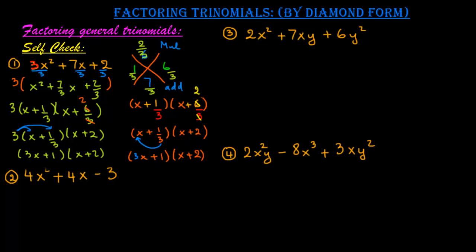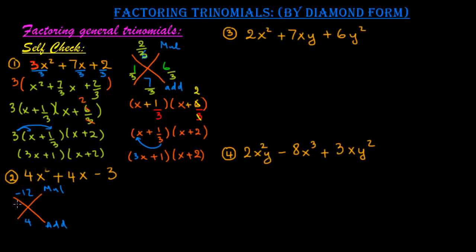Alright, let's move on to the next problem. So we do the diamond form. 4 times -3 gives me -12, and the middle number is 4. We need to find a pair that multiplies and adds. Since we've done factoring and finding pairs so many times, I believe we get it now, so I'll go shortcut to the answer.